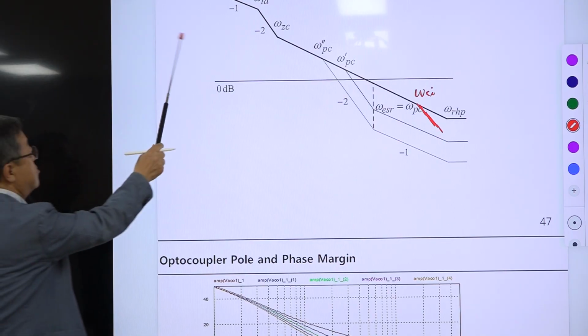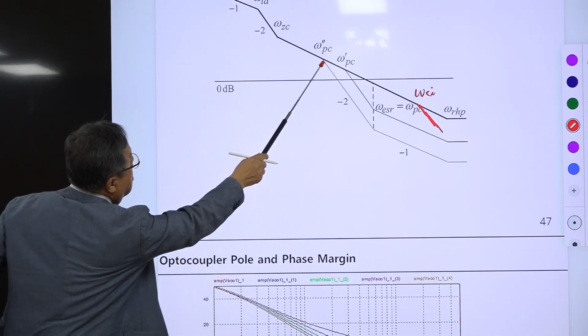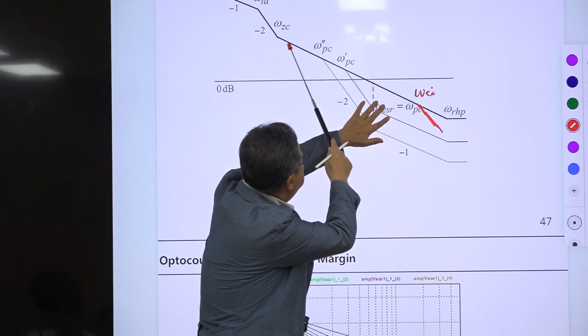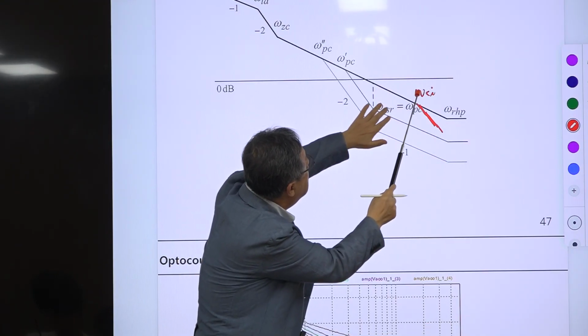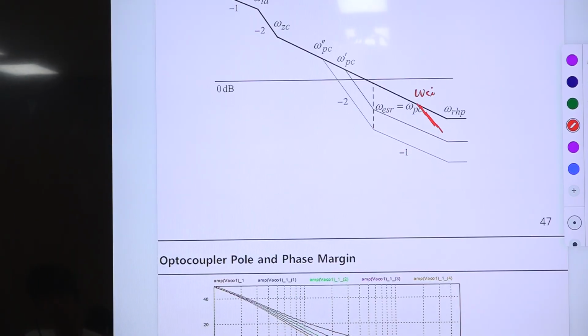This is the loop gain, -1, -2, -1 here. Forget about this, I'll explain this later. Minus 1 is like this, and with the additional pole it becomes minus 2.